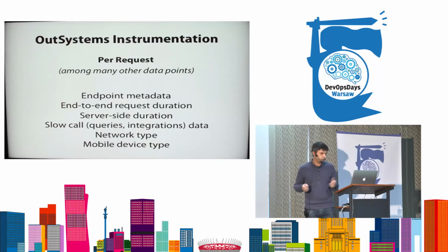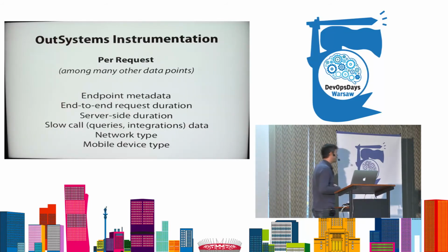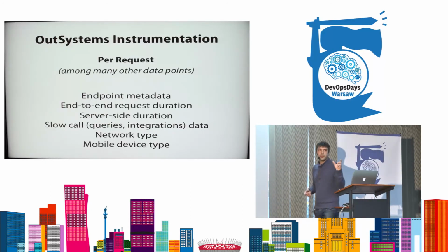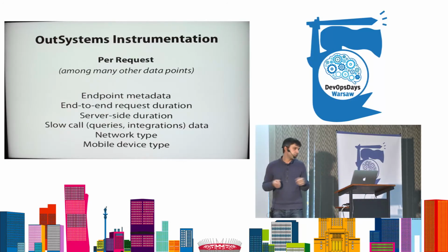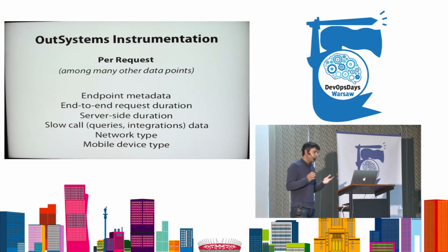So in our case, we store per request many data points. Some of those are the endpoint metadata, so we store the URL, obviously, and we link that URL to the web screens and to our actions, so that we can put all this information into context and into a user-centered focus.